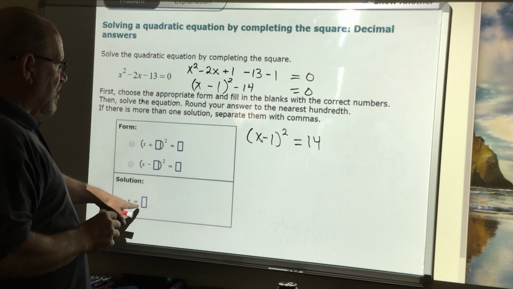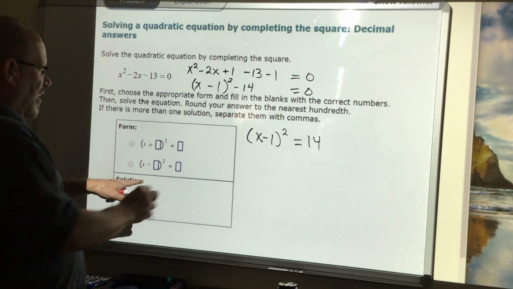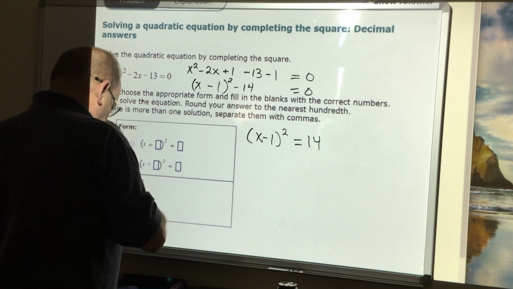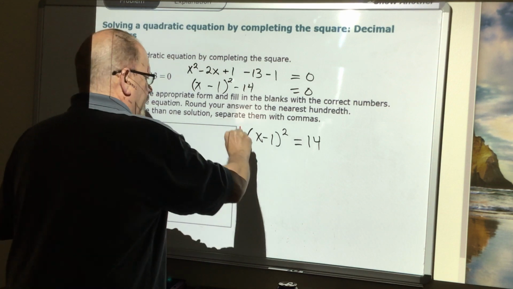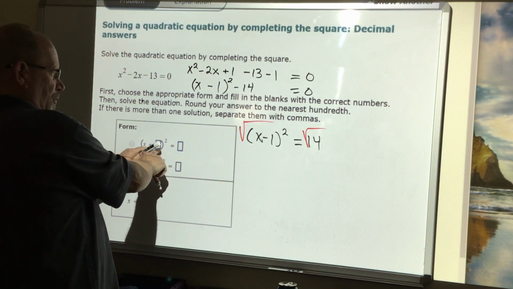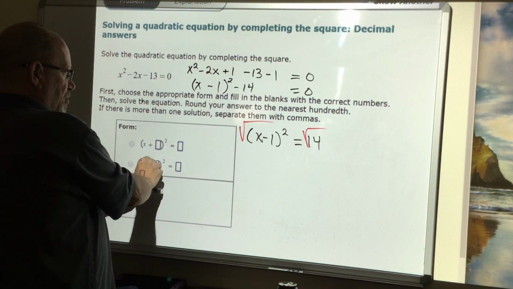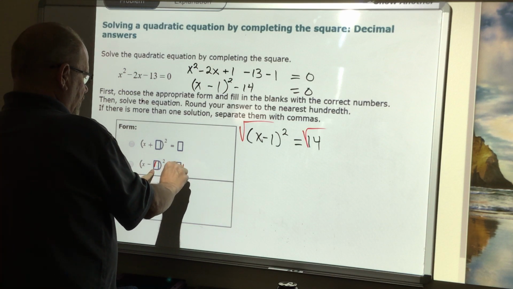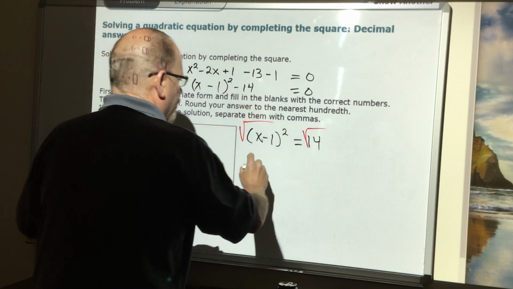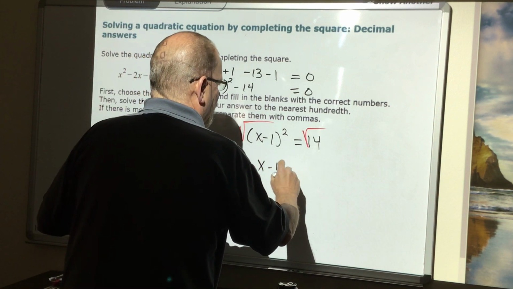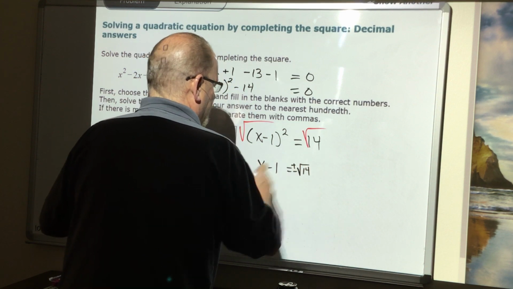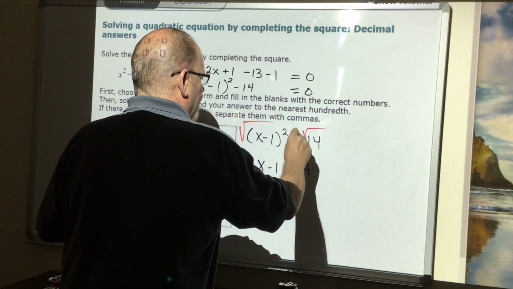Now, what does x equal? Well, take the square root of both sides. By the way, that's the first part of our answer. x minus 1 equals the square root of 14, plus or minus the square root of 14.